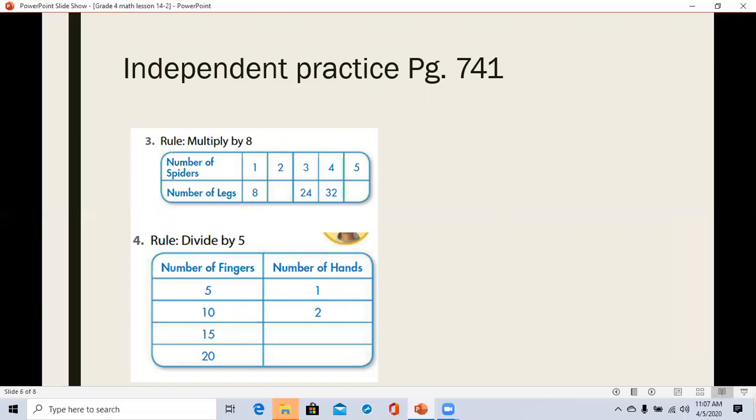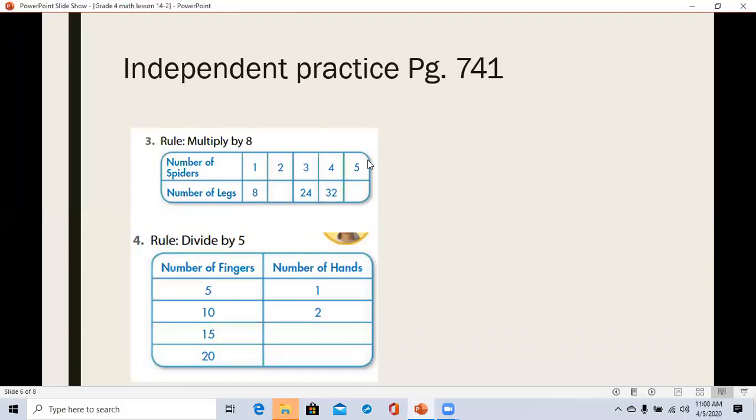Number 3. The rule here is multiply by 8. So I know I have to multiply by 8. We're looking at spiders. So there is 1 spider, 2 spiders, 3, 4, 5 spiders. But the number of legs. I know for a fact that 1 spider has 8 legs.